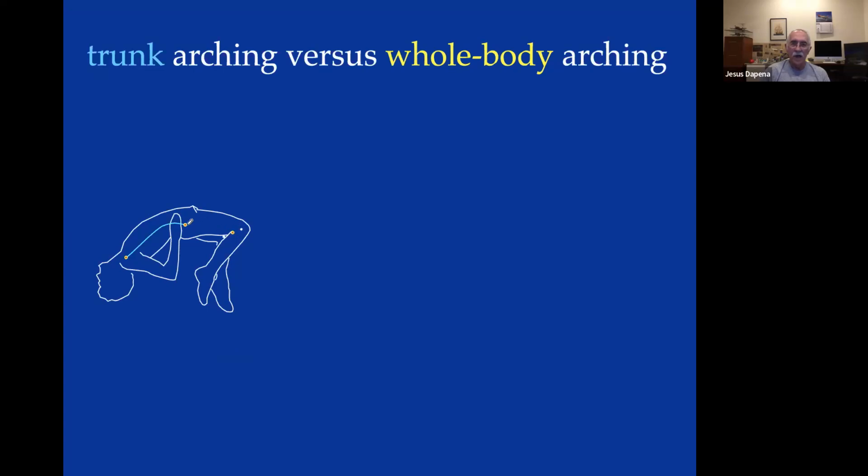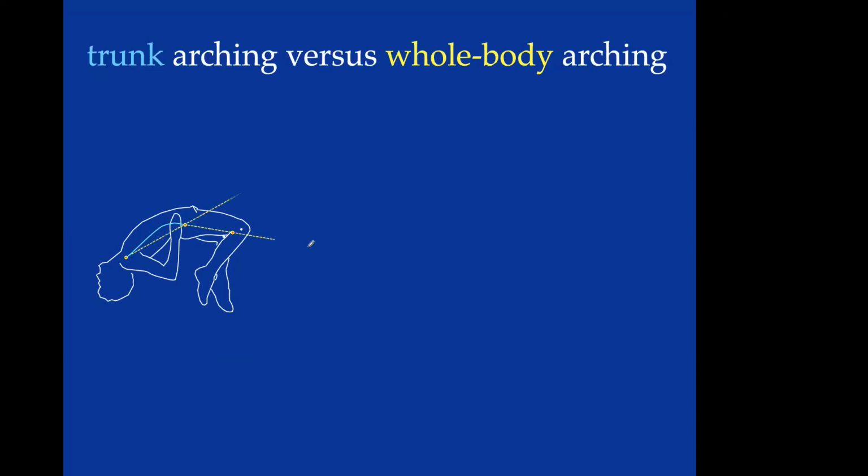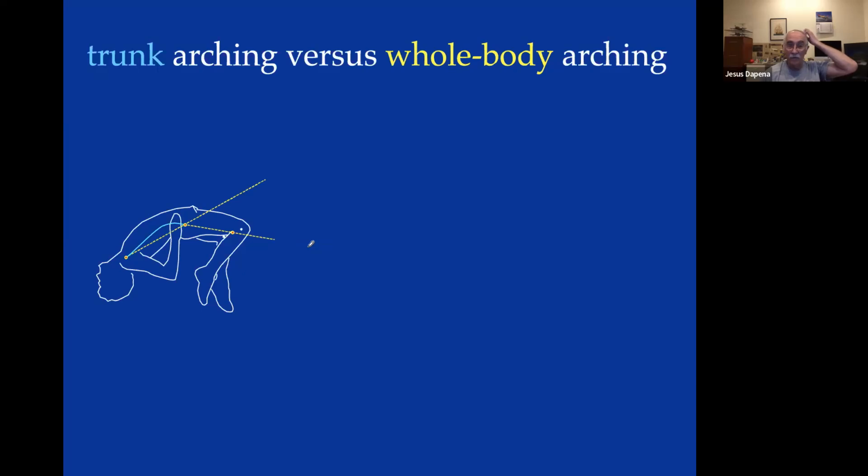And I'm going to draw a line going from the hip through the mid knee. Then I'm going to make a line from the suprasternale to the mid-hip, and extend it beyond the mid-hip. Those 2 lines are not aligned. They're different from each other. And there's this angle, theta, that tells us that that person has a very big whole body arching.